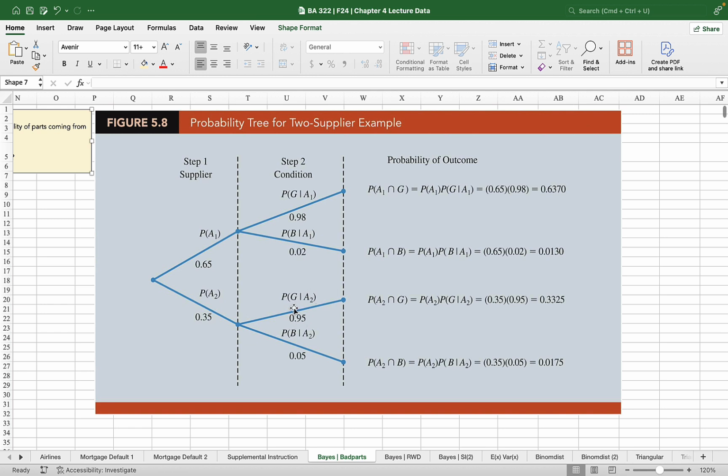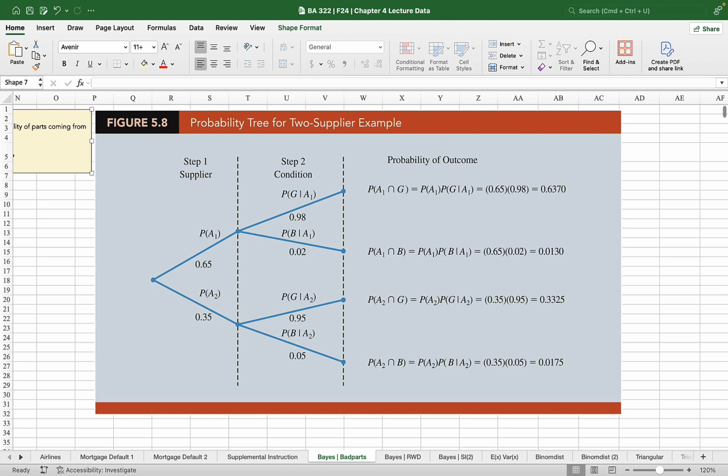So what I want you to see here is that although we get more of our parts from supplier 1, supplier 1 also provides a higher ratio of good to bad parts. 98% of their parts are good, as opposed to supplier 2, where only 95% of their parts are good.